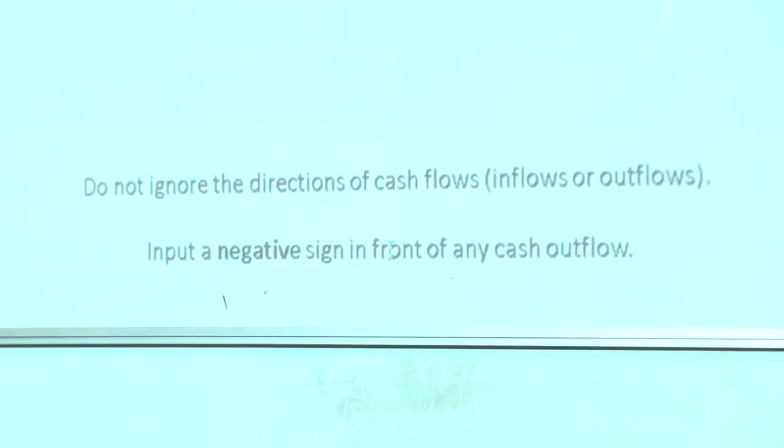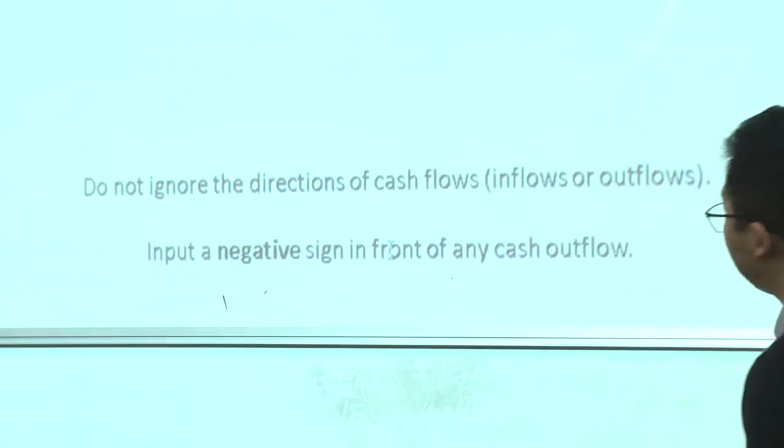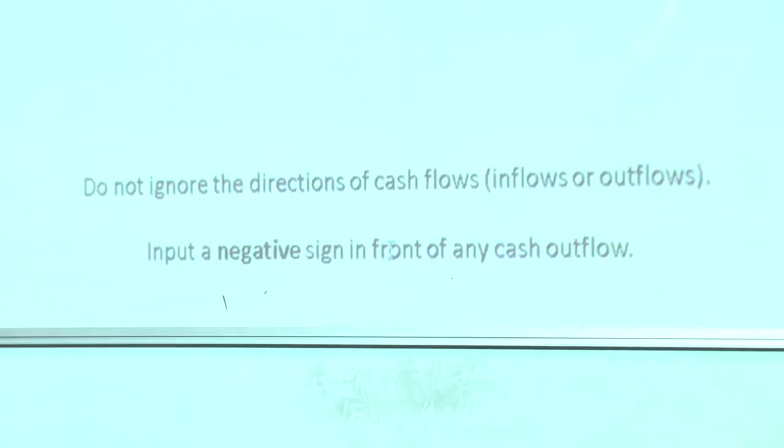If you ignore the signs, you will get an error warning on your calculator and you cannot get the correct answer. My suggestion is, for cash outflow, put a minus sign in front of the number. If the present value is an initial investment and then you are getting cash inflow, put a negative number in front of the present value. Otherwise you cannot get the answer at all. So put a negative number in front of any cash outflow.